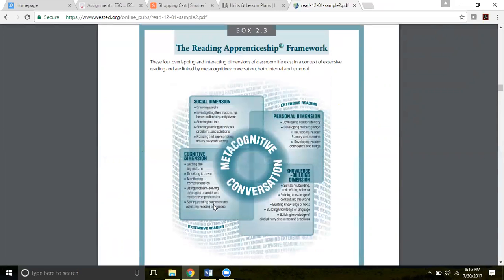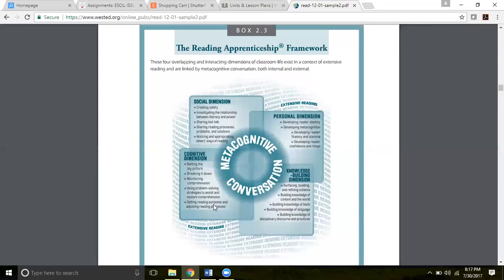We have the social dimension, which creates safety, investigates the relationship between literacy and power, shares text talk, shares the reading process, problems and solutions, noticing and approaching others' ways of reading. We then go to the extensive reading personal dimension: developing reader identity, developing metacognition, or metacognition is just being aware of the way that we learn, developing reader fluency and stamina, developing reader confidence and range.